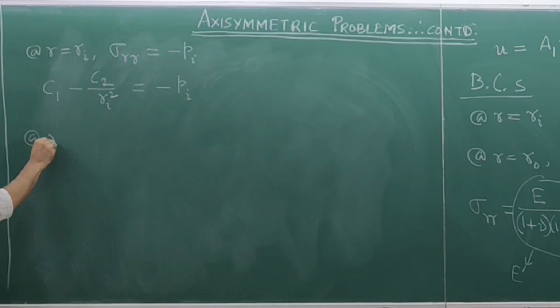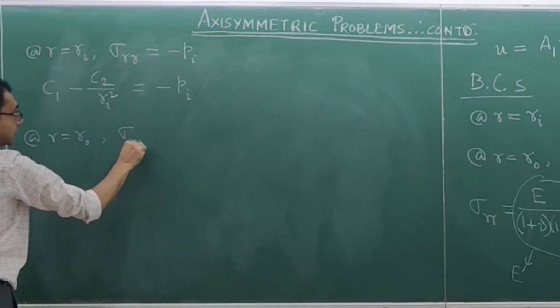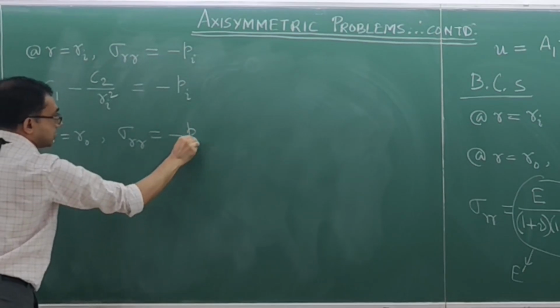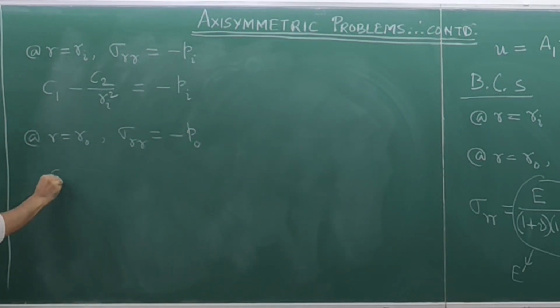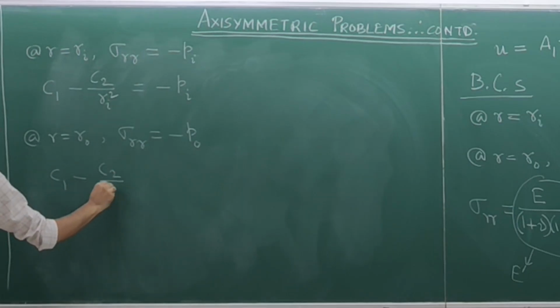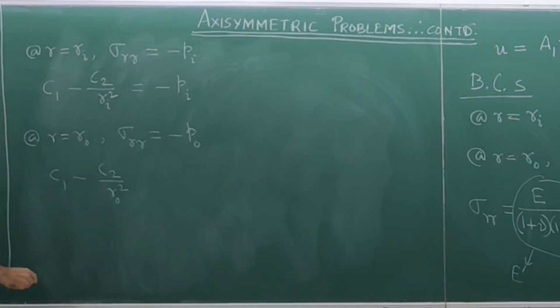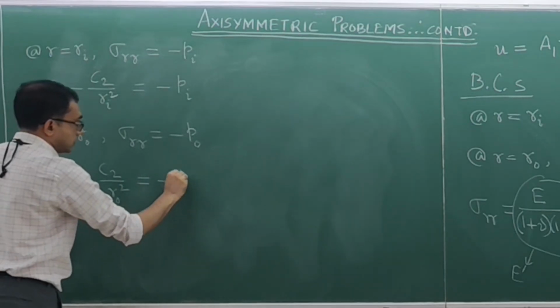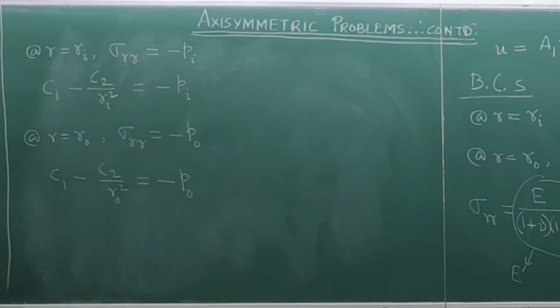And then at r is equal to Ro, that is the outer radius, sigma RR is equal to minus Po, which means that C1 minus C2 by Ro square is equal to minus Po.